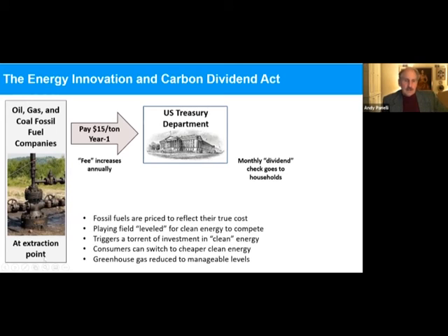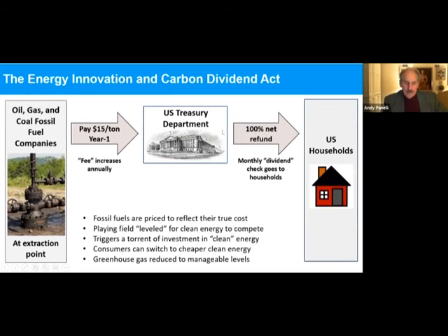It starts out at $10 or $15 a ton, and then it increases $10 a ton every year after that. Small, but increases every year. That's collected by the Treasury Department, and then it goes out to every household as a monthly dividend check.